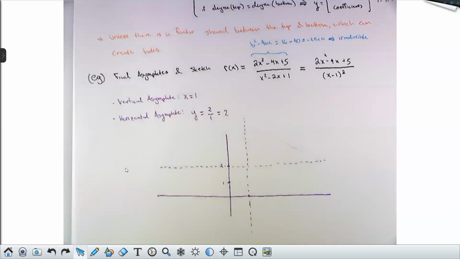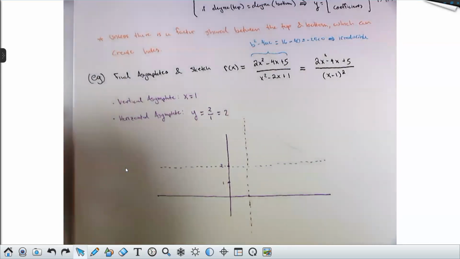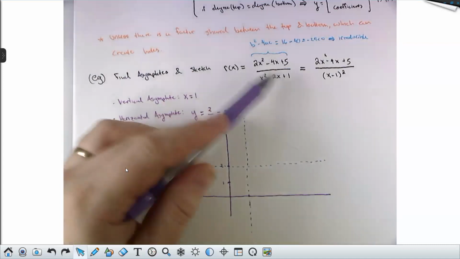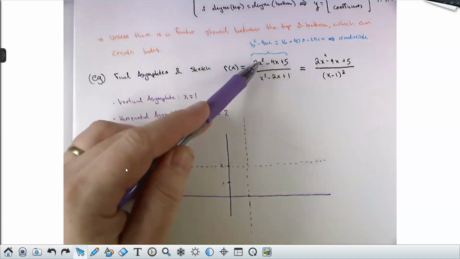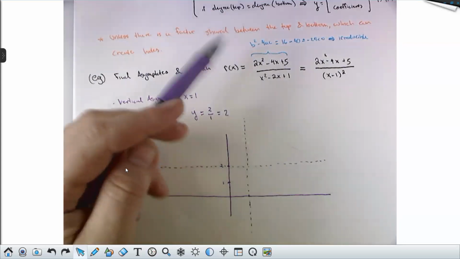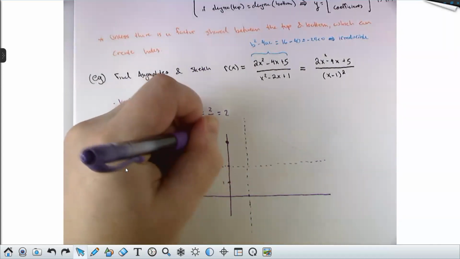If I want to know which one is the case, I can look at some other points on the graph. One easy point to look at here would be the y-intercept. If I plug in 0 for x, then this thing gives me 5 over 1. So my y-intercept is the point 0, 5.